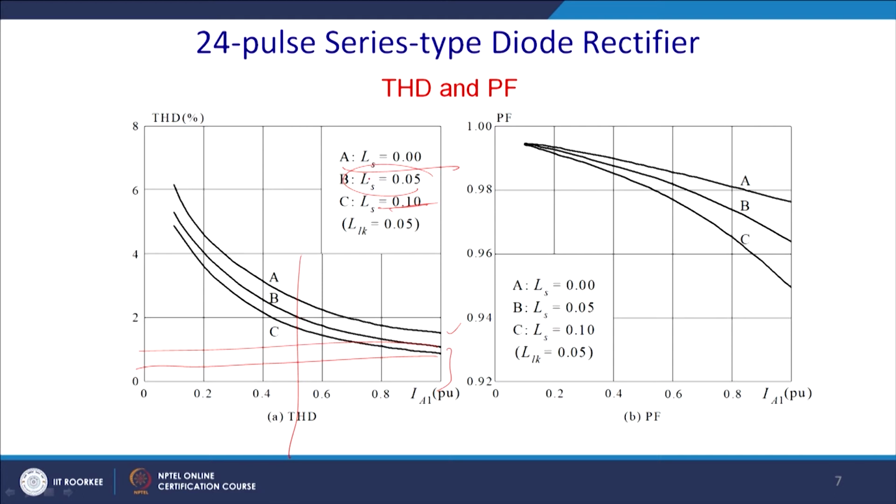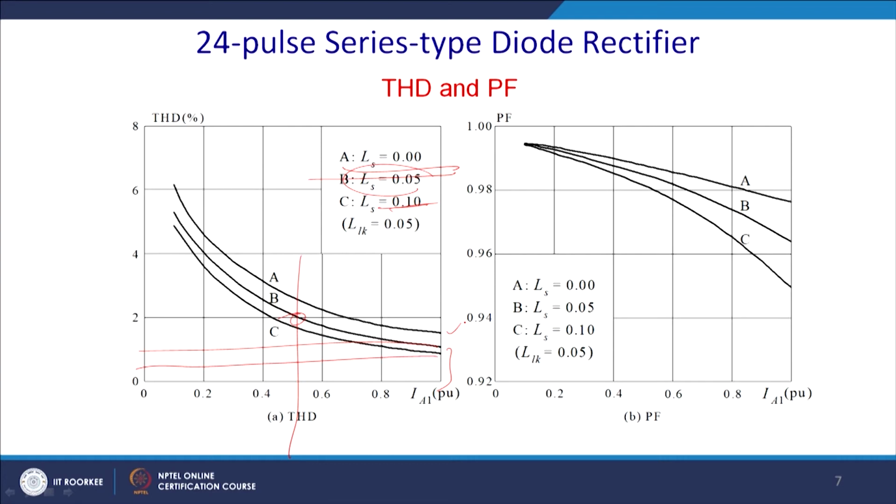Consider this is a typical middle curve, curve B, that is 5% source inductance and half load. You can see that this is curve B, and it is crossing this point, 2% THD.